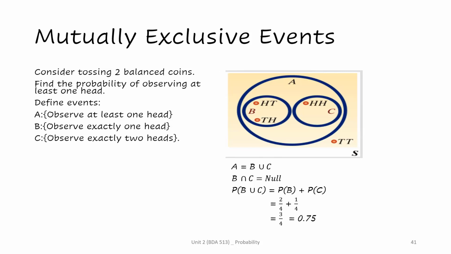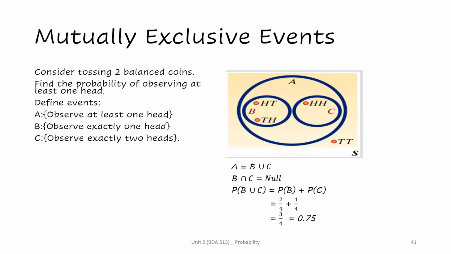So you see that some are within others. B has exactly one head, C has two heads, and A has at least one head.